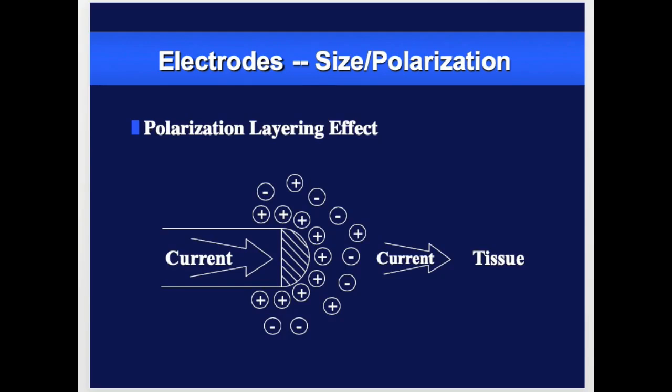Initially, the movement of these charged ions results in flow of current from electrode to myocardium. As the current pulse is continuous, a charged layer forms around the tip electrode and produces a capacitive effect.